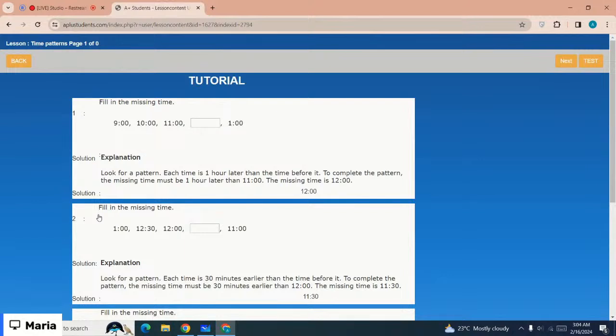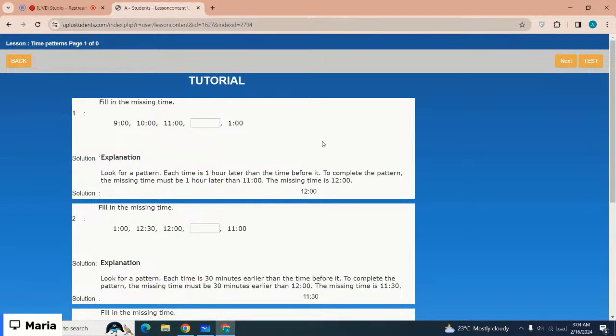Because each next time is 30 minutes earlier than the time before it, right? So when you subtract 30 minutes from 1, you have 12:30. Then 12:30 minus 30 equals 12. Now you have to subtract 30 from 12. So 12 minus 30 is 11:30, right? So that means the missing time is 11:30.